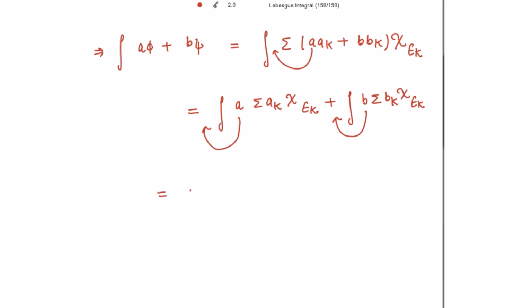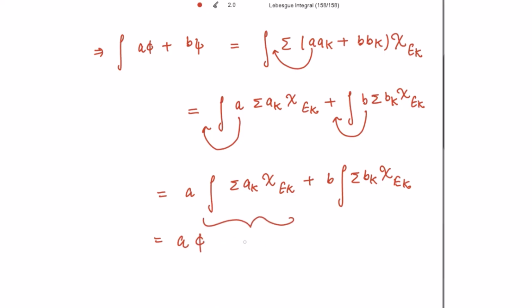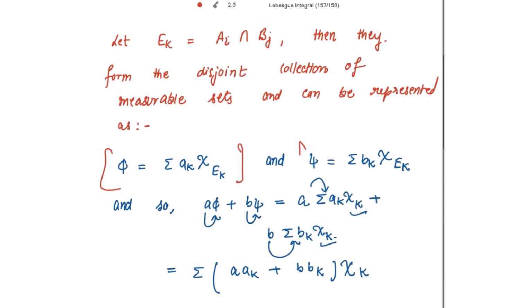As these are constants, this is a times the integral of the summation a_k chi E_k plus b times the integral of the summation b_k chi E_k. And this is nothing but a times the integral of phi plus b times the integral of xi.